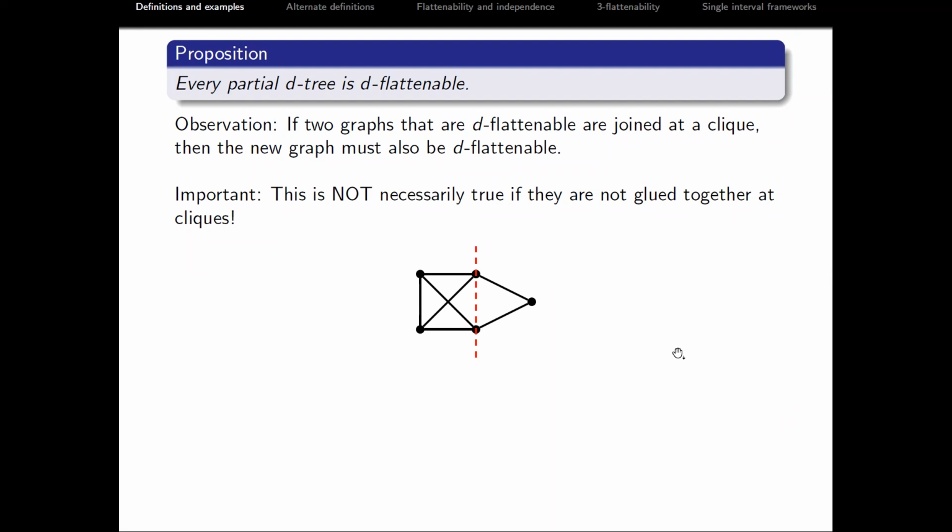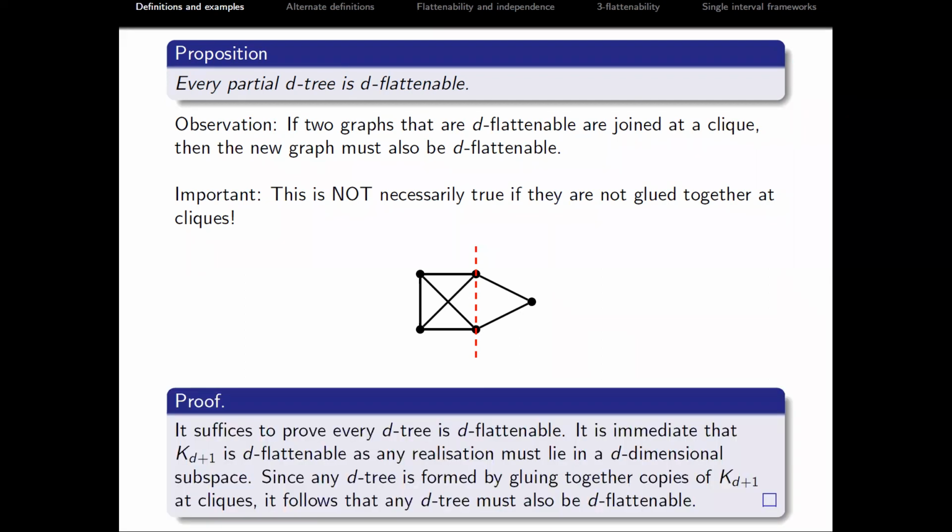Okay, I see. That was really helpful. So the clique size, is there a requirement on it? I guess because we're doing partial D trees, it's D cliques. Is there a requirement on the size of the cliques? No, actually, there's not. You are correct. What I've said here will work for any clique sums.